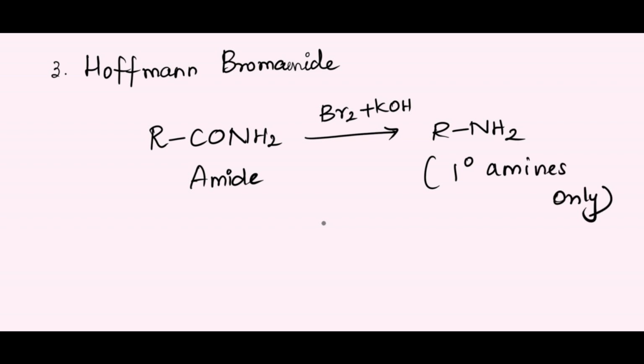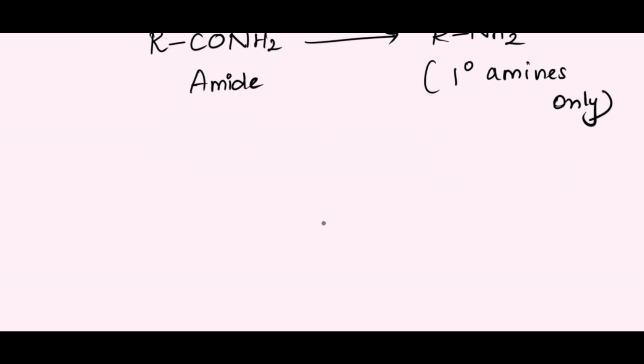How does this happen? How does the Hofmann bromamide reaction happen? Mostly they would ask questions from the mechanism part, but it's better to know the mechanism so that we won't make any mistakes.